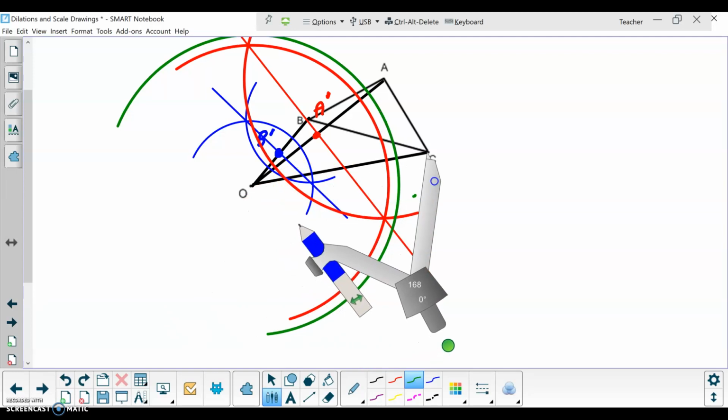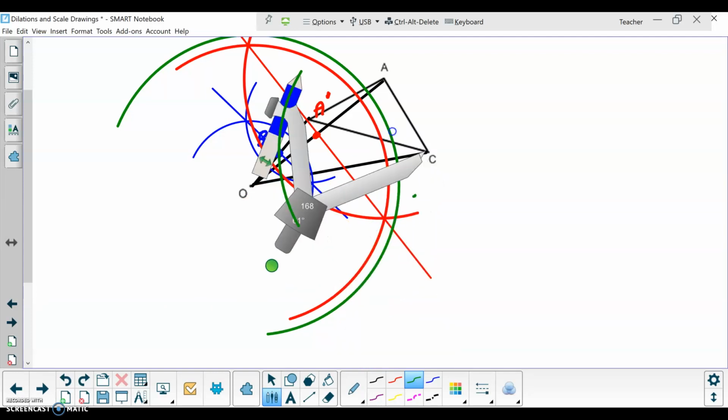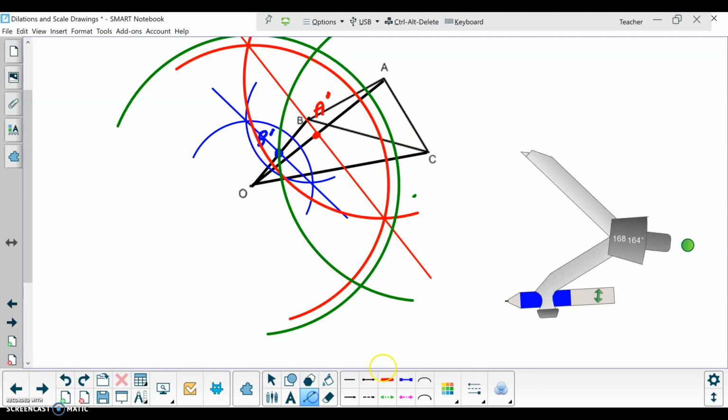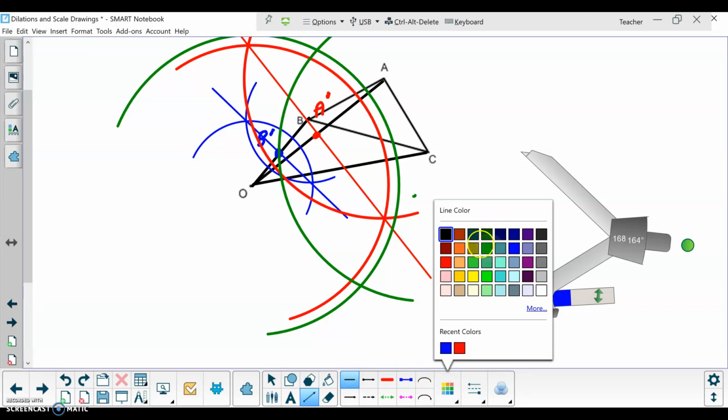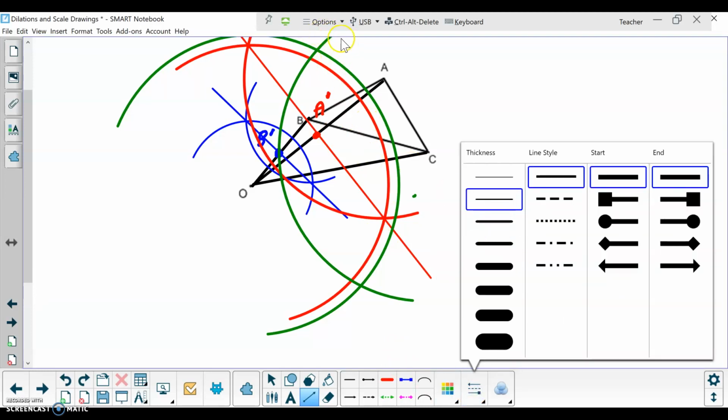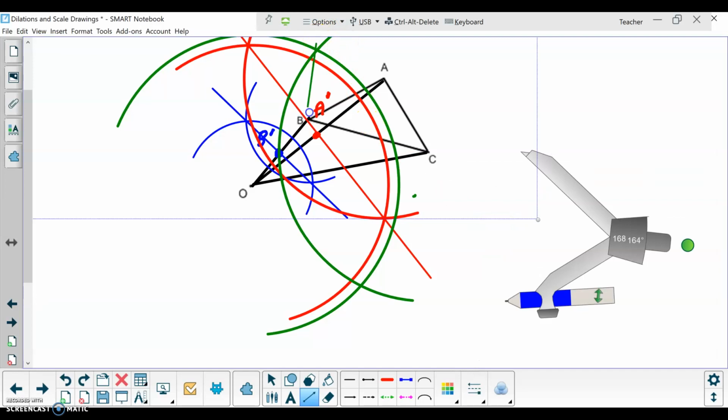Turn it around, do the same thing on the other side. So this point right here is C prime.